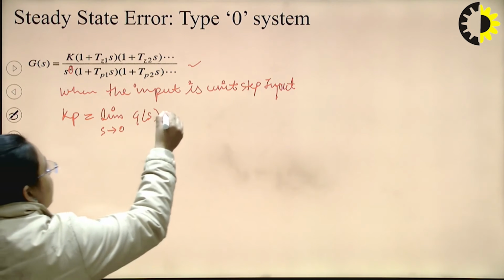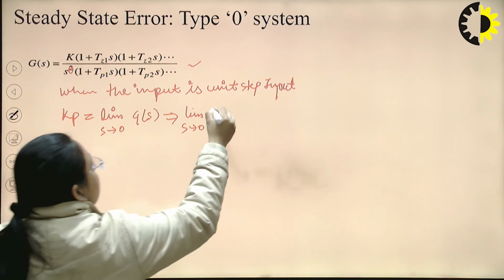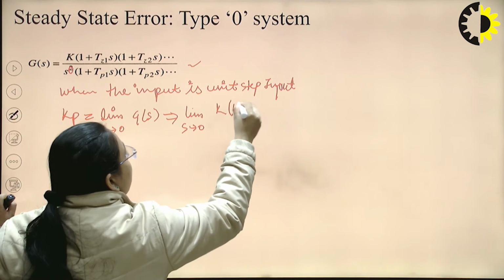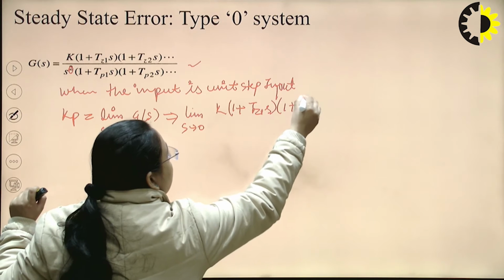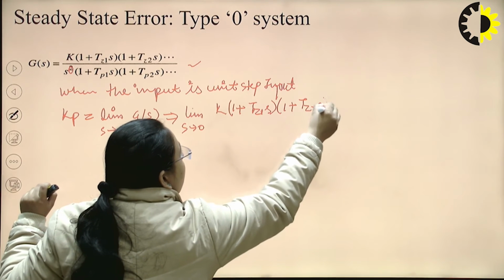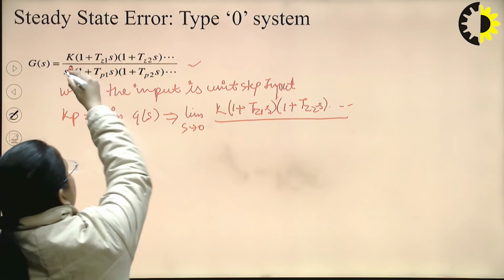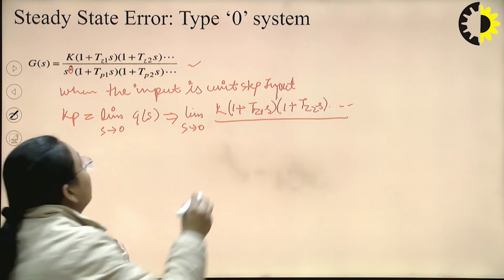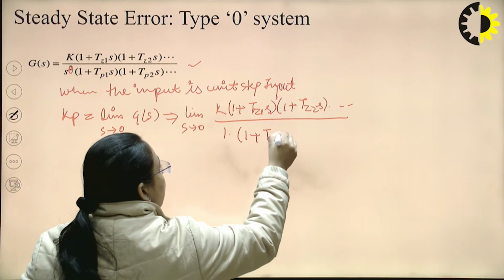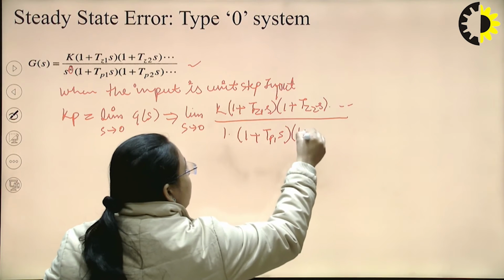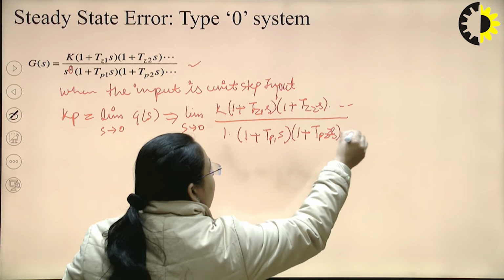So it comes out to be limit s tends to 0 of k into (1 plus Tz1 into s)(1 plus Tz2 into s) up to so on upon s raised to the power 0, which is nothing, that is 1, into (1 plus Tp1 into s)(1 plus Tp2 into s) up to so on.